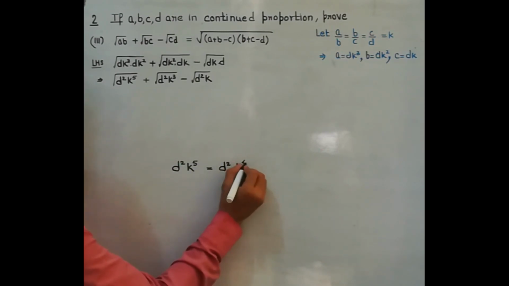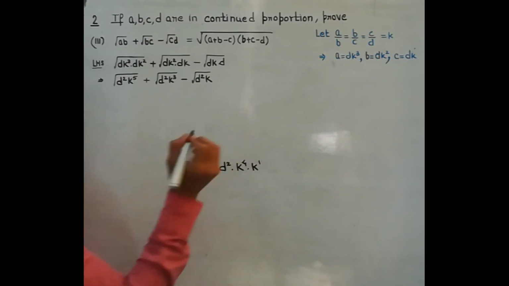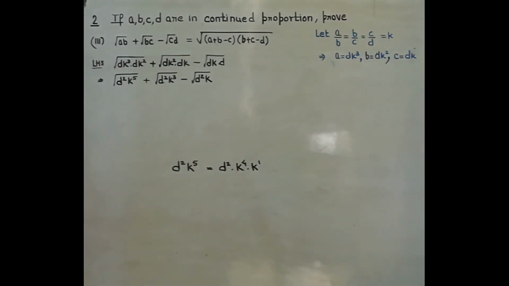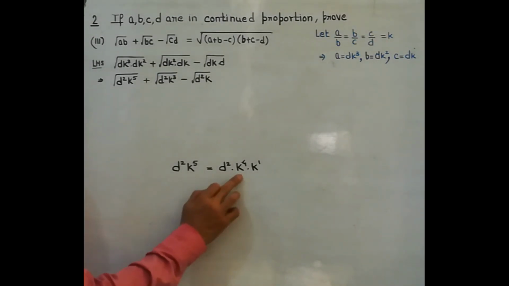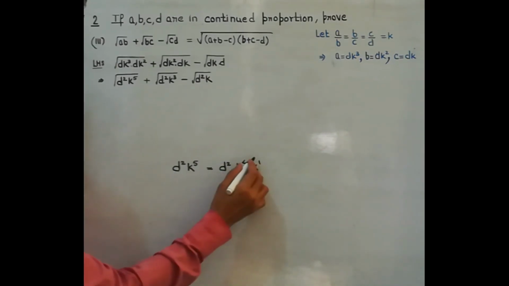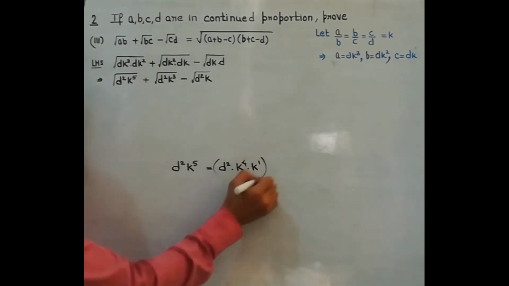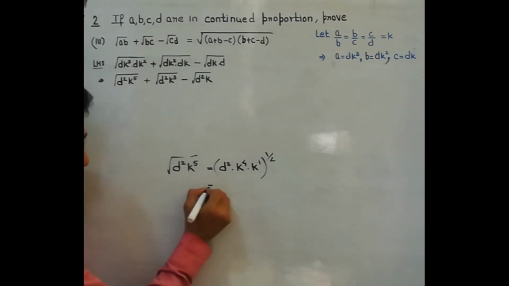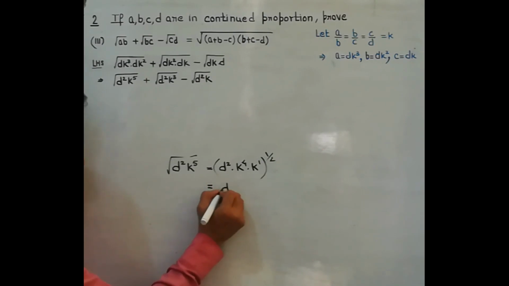So you can write it like this, k raised to power of 4 into k raised to power of 1, because if you solve it, it again becomes k raised to power of 5. This process we usually do when we have to find square root of a term which has an odd power. You separate 1 and let the rest be even. Now when you do under root, under root means power is half. Now when you do the half of this, it becomes d.